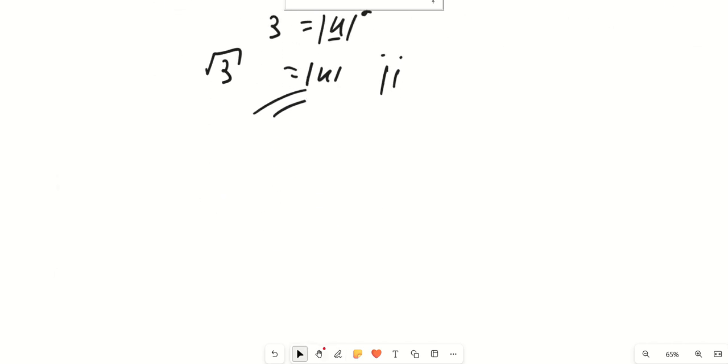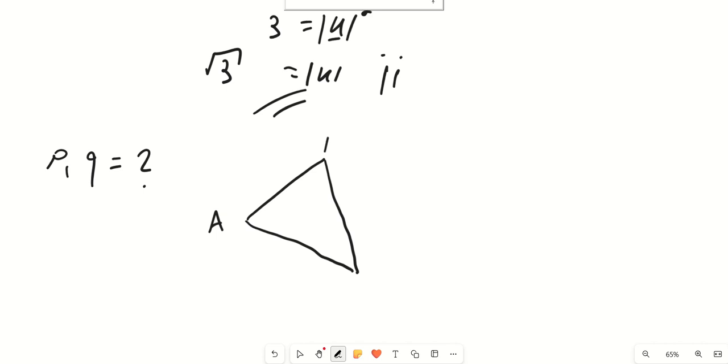Now for part 3 we have to calculate P and Q. So again I had the triangle ABC, and point B had P and Q in its coordinates. And we also had a point here 0, 1, 2, and for C 3, 2, 1.